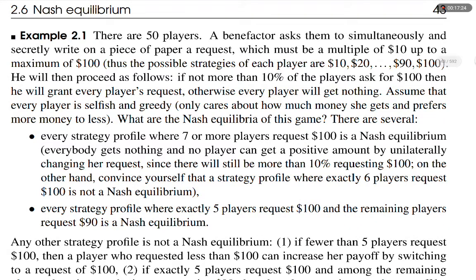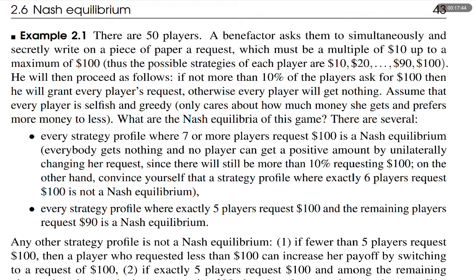Example 2.1: there are 50 players. A benefactor asks them to simultaneously and secretly write on a piece of paper a request, which must be a multiple of $10 up to a maximum of $100.